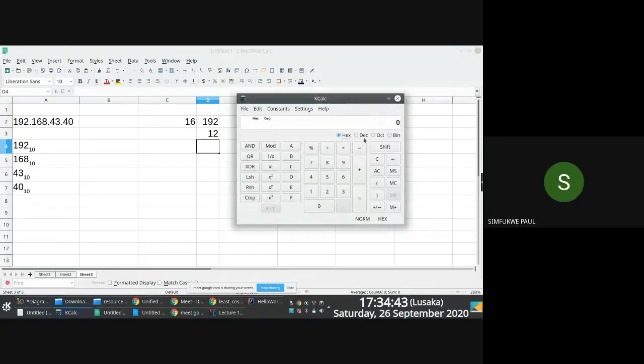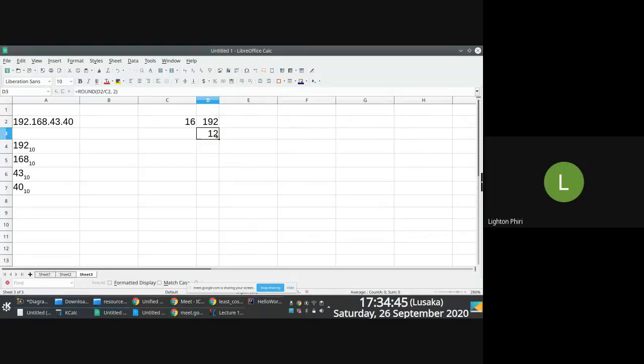Okay, yes sir, great. So we repeatedly divide 192: 192 divided by 16 is 12, remainder 0.